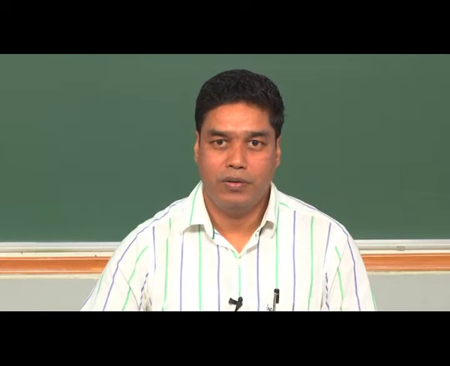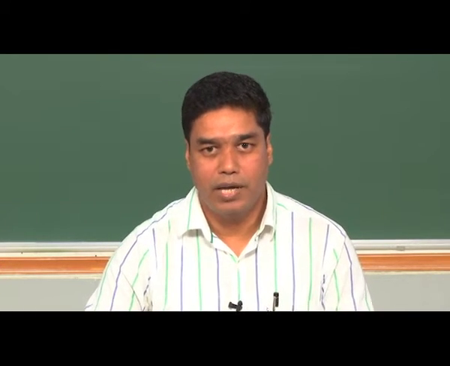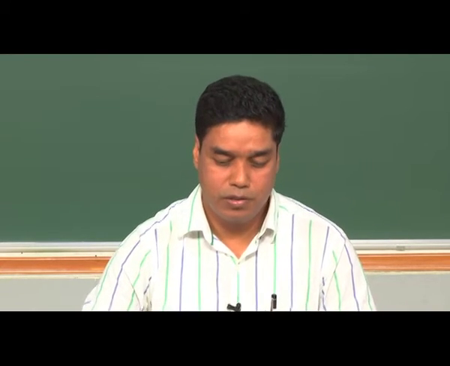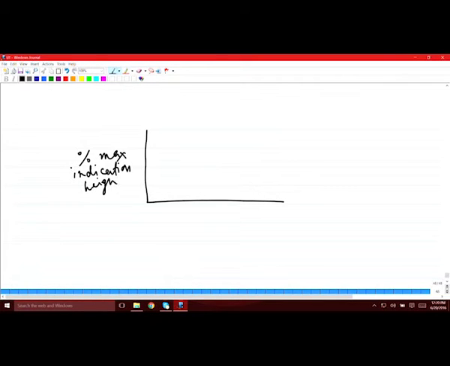So, this is how you get the data, the intensity of the echo as a function of area of the holes. Now you need to plot it. So, plot the heights, in this case in terms of percent of maximum indication height, as a function of relative area.